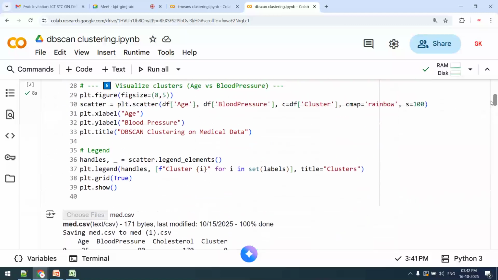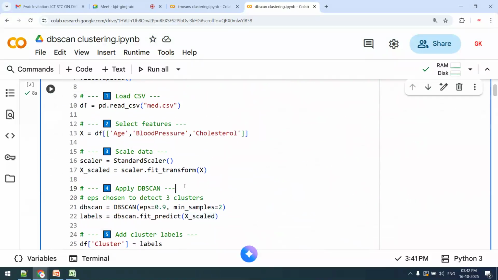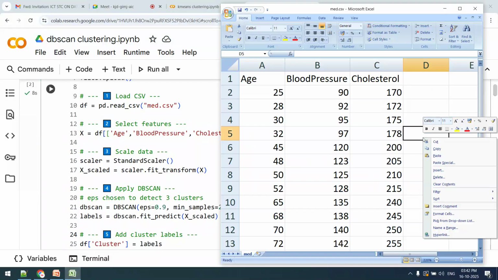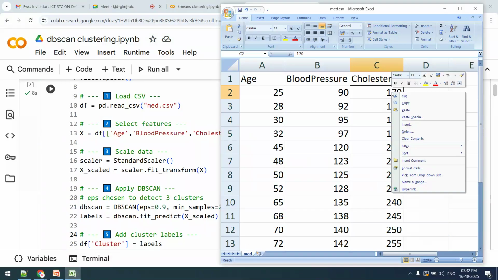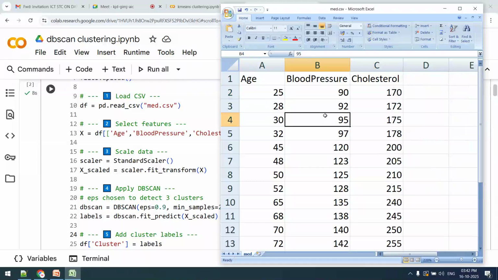After scaling, once it is scaled, DBScan is implemented on the scaled data, because these values have so much diversion. Cholesterol has its own range, BP level has its own range, age has its own range.